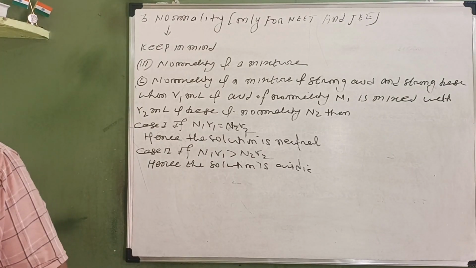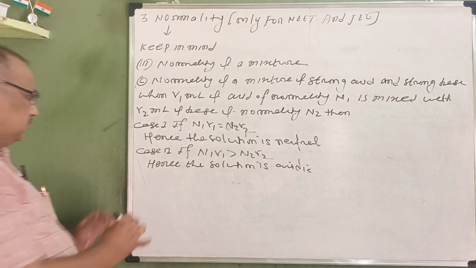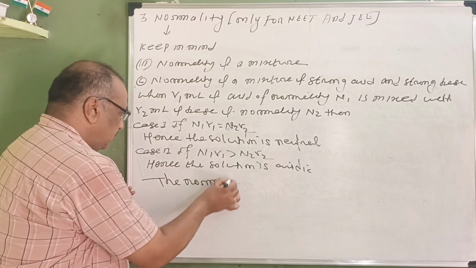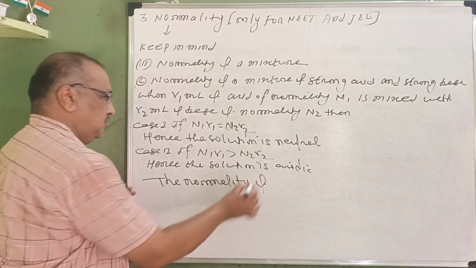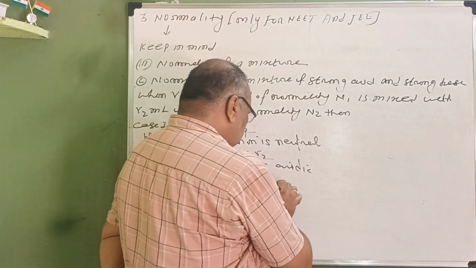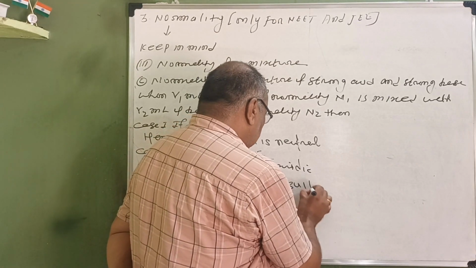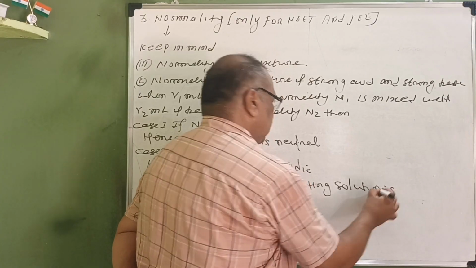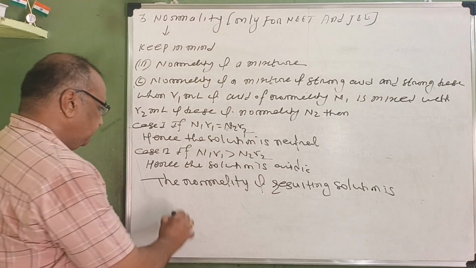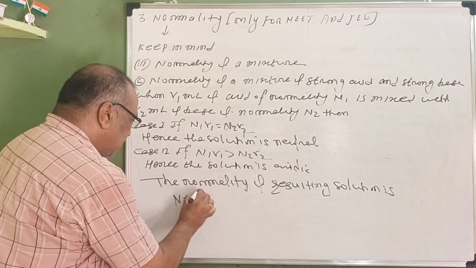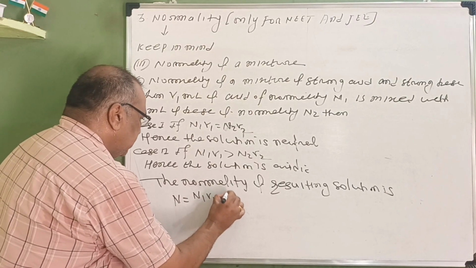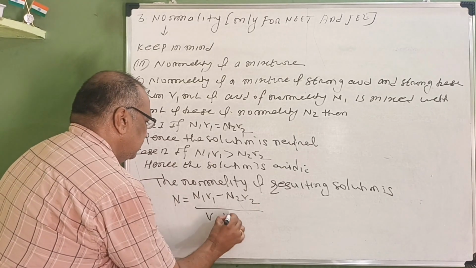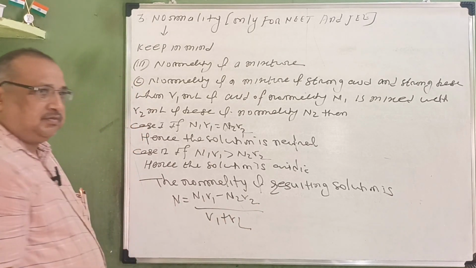The normality of resulting solution is N equal to N1 V1 minus N2 V2 upon V1 plus V2.